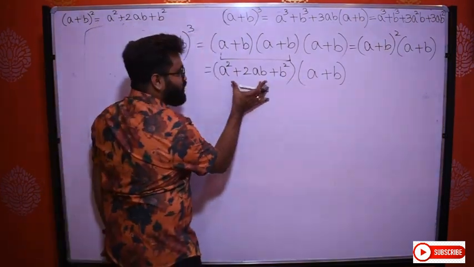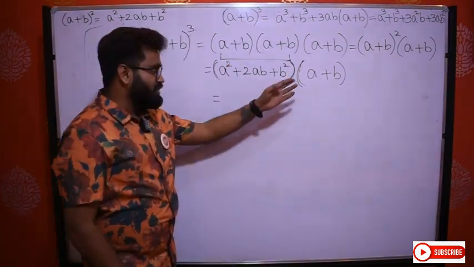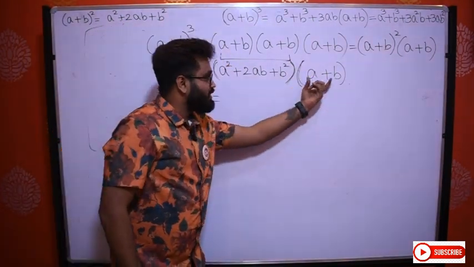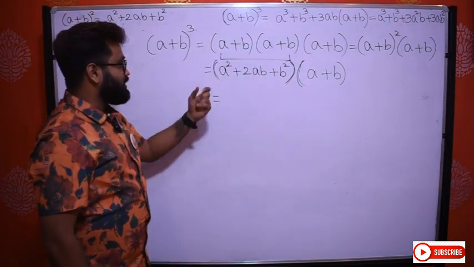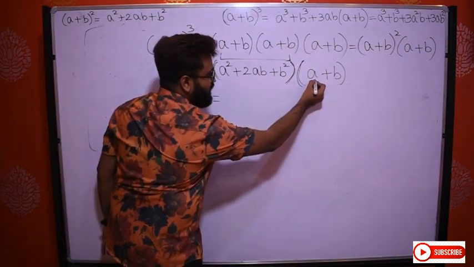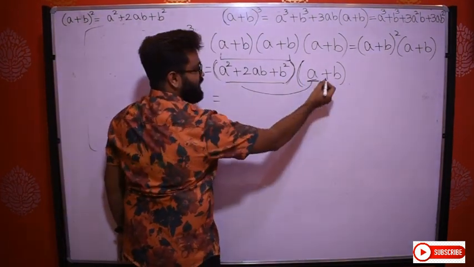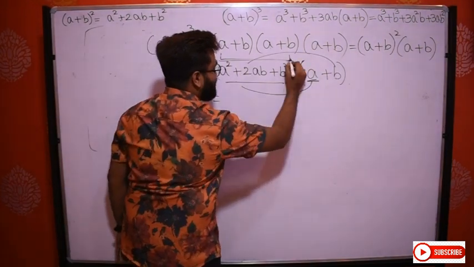The relationship between this and this is multiplication, that is, multiplying the term (a+b) with a square plus 2ab plus b square. Multiply a with all the terms, and again b with all the terms.